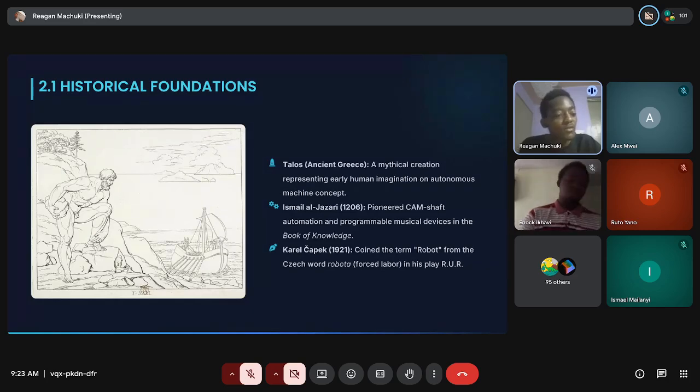In his Book of Knowledge of Ingenious Mechanical Devices, he described various mechanical devices like a musical automaton and an elaborate hand washing machine. His robots used gears and levers to automate tasks, laying groundwork for future robotics. And then in 1921, Karel Čapek's play popularized the term robot.